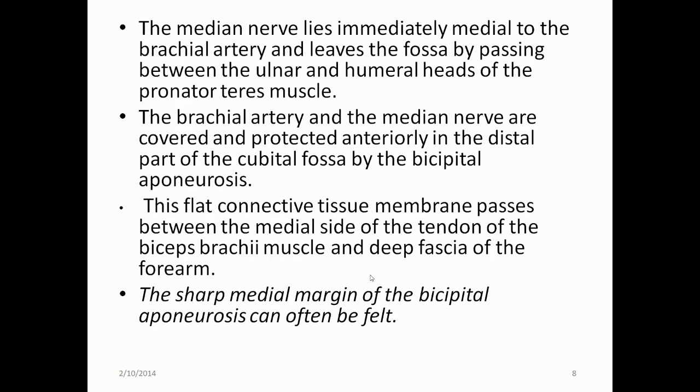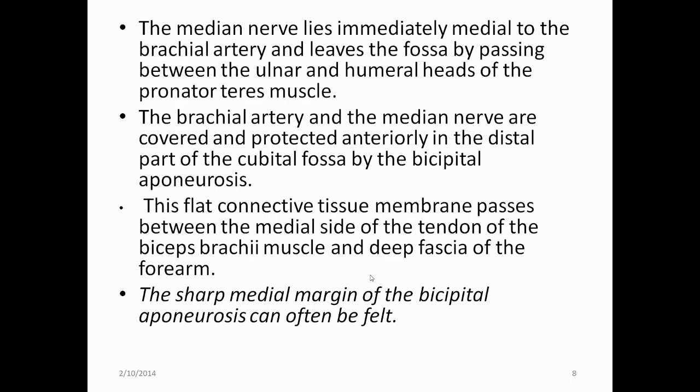The median nerve lies immediately medial to the brachial artery and leaves the fossa by passing between the ulnar and humeral heads of the pronator teres muscle. The brachial artery and the median nerve are covered and protected anteriorly in the distal part of the cubital fossa by the bicipital aponeurosis.